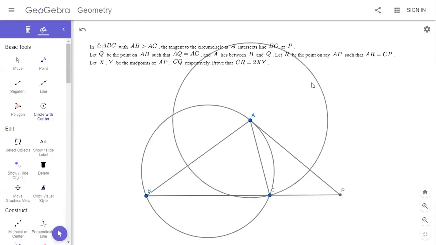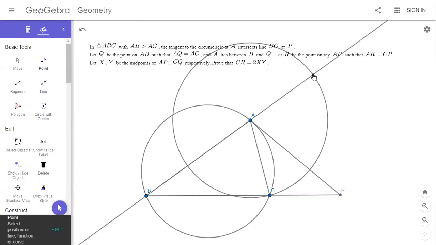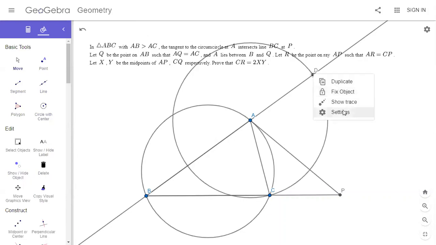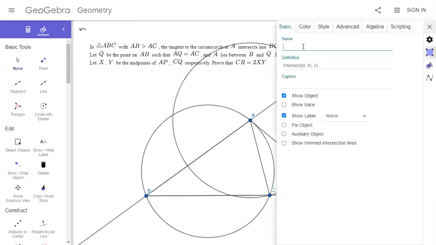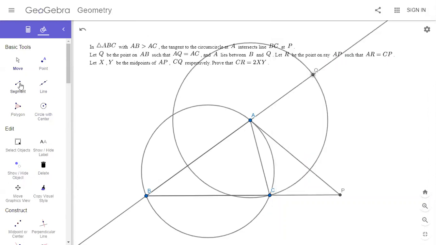Oh, but it's past, A lies between B and Q, okay. So Q is really on line AB, okay.